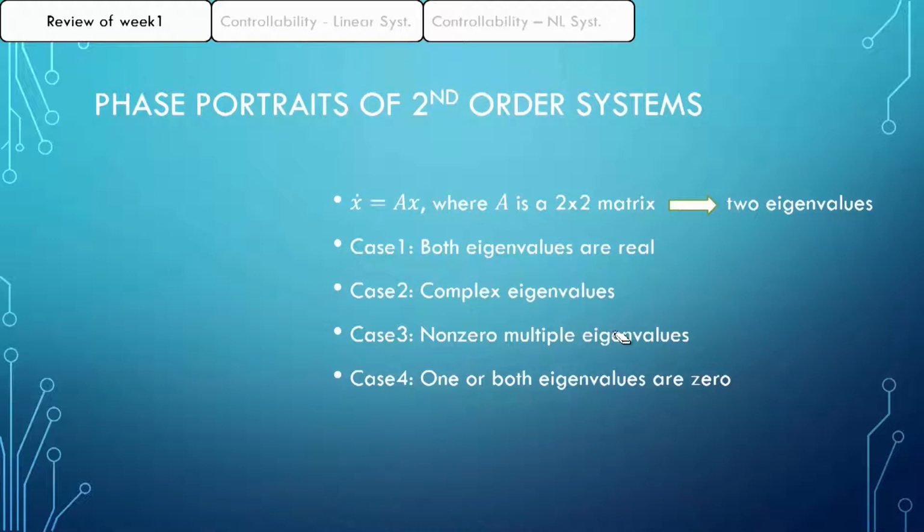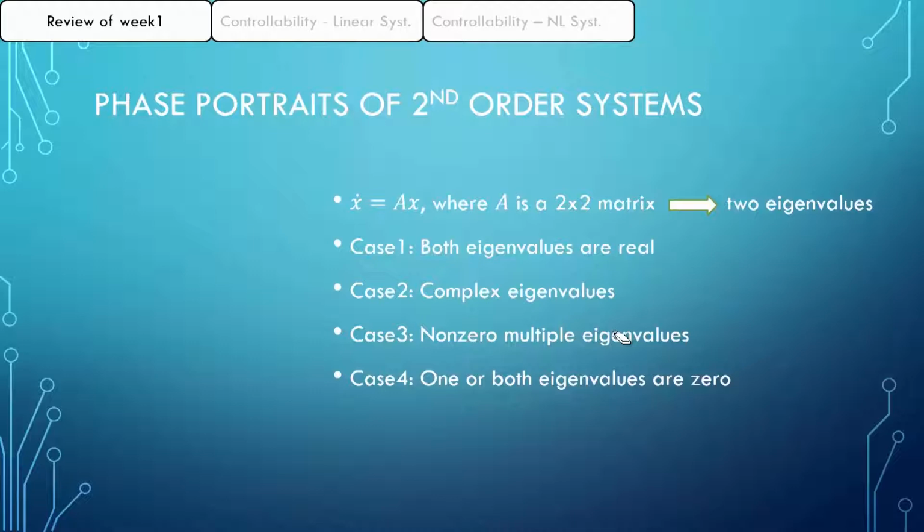Phase portrait of second order systems. So here A is a 2 by 2 matrix. So you can imagine that A will have 2 eigenvalues. Okay.